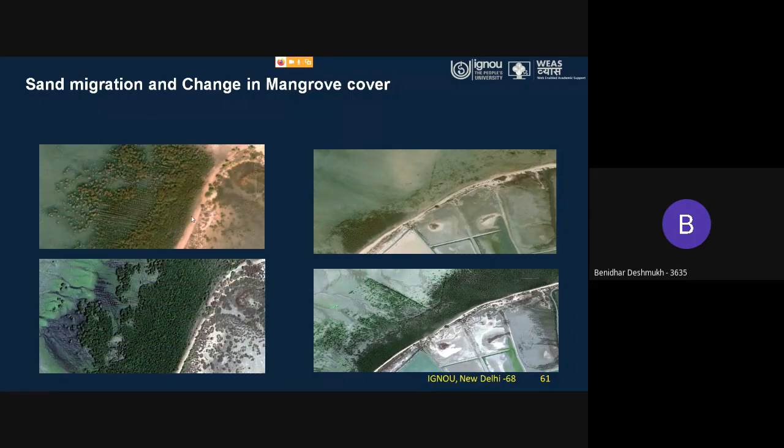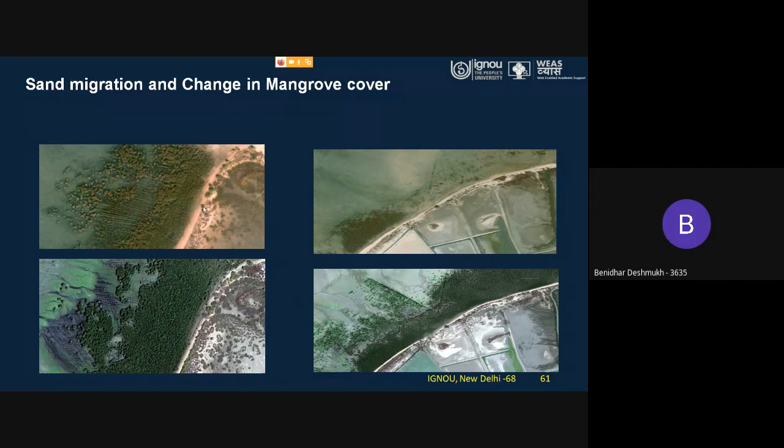This is another image that shows another area where you can see that there are some lines in the mangrove area. So these lines are not natural. This suggests that there is plantation of mangroves going on. Ideally, this is the land part, as we go this side it will be land, and then this side is the sea part.